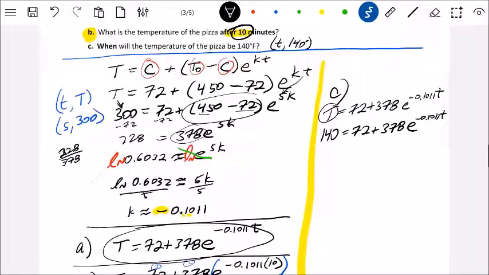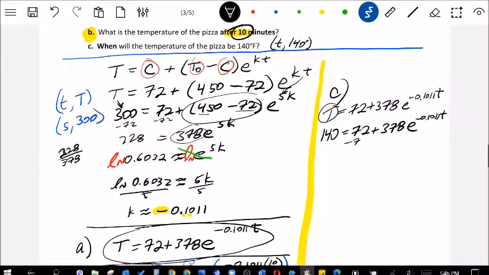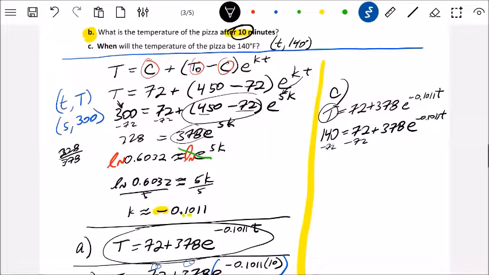So I'm going to divide by the 72 now. Oh, no, not divide, subtract. Let's subtract 72. So I get 68 equals 378 e to the negative 0.1011 t. Now is where I'm going to divide by the 378, so that goes away and we can isolate t.